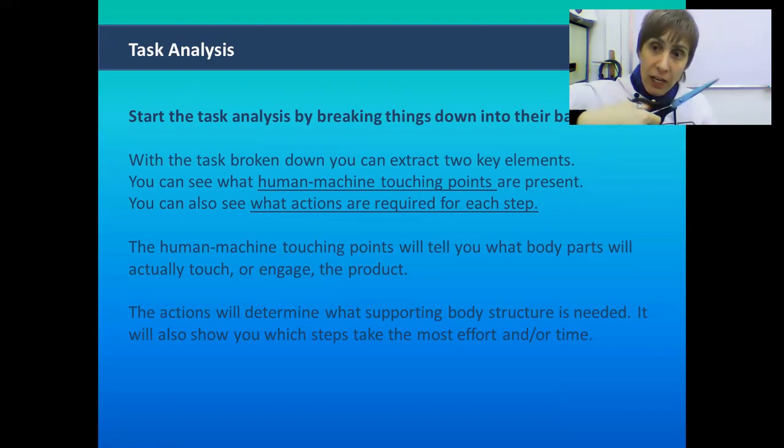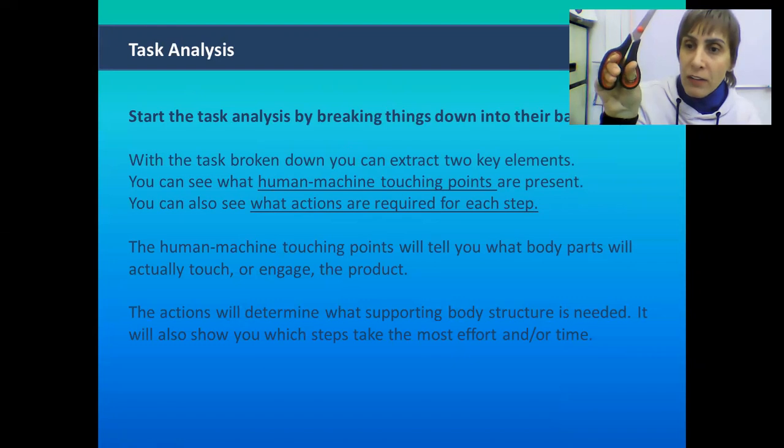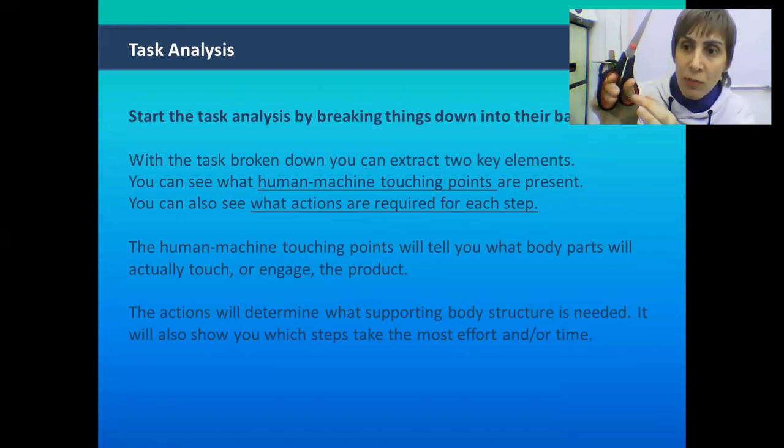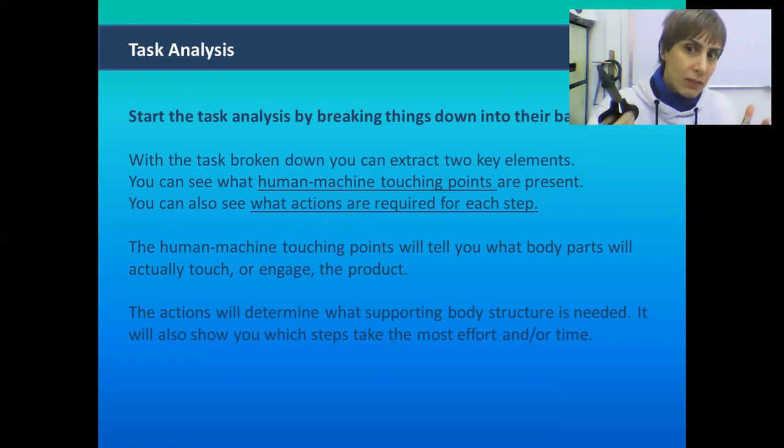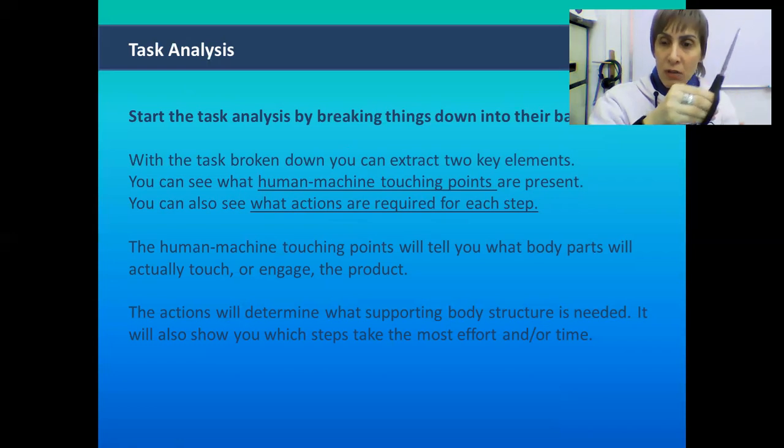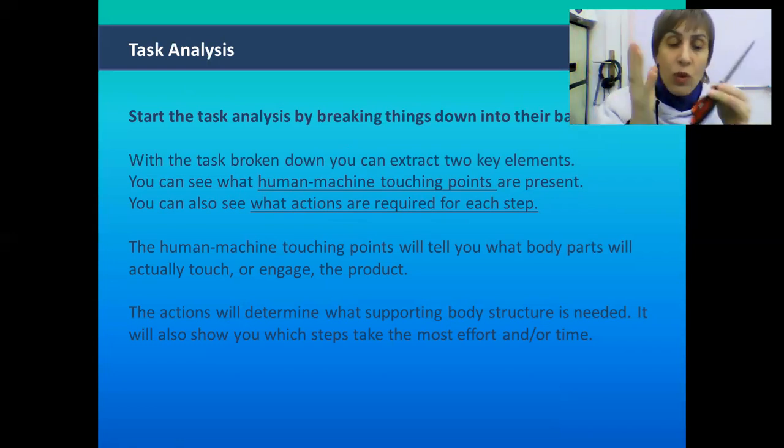Now, when I'm cutting, do I touch this part? No. Do I touch this part, the handles? Yes. Which part of the handles do I touch? This part or this part? With what am I touching it? It's not enough to say my hand. With what?